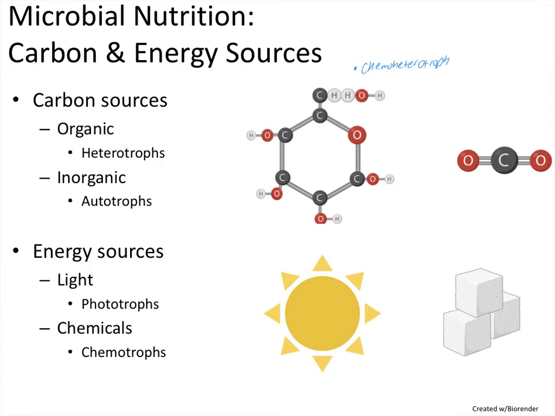A chemoheterotroph is something that uses chemicals as a source of energy and uses organic carbon. A chemoautotroph is something that uses chemicals as a source of energy and an inorganic source of carbon.